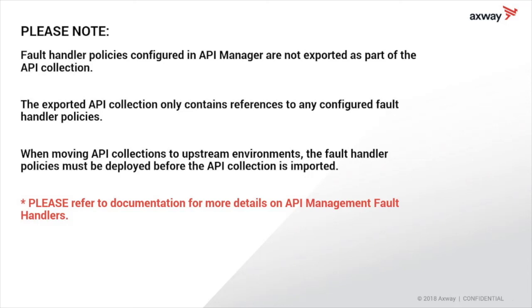So when you're moving API collections upstream to other environments, for example, test to pre-production or to production, and fault handler policies are configured in Policy Studio, the fault handler policies must be deployed before you import your API collection where these fault handler policy references are located.